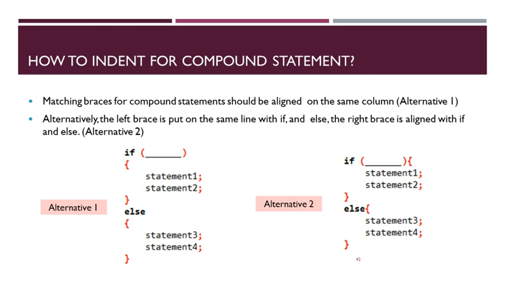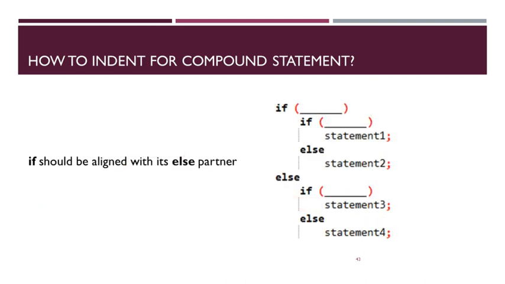Also for a compound statement, if should be aligned with its partner. This shows that if we do the indentation well, proper indentation will make it easy for other programmers to understand your code.